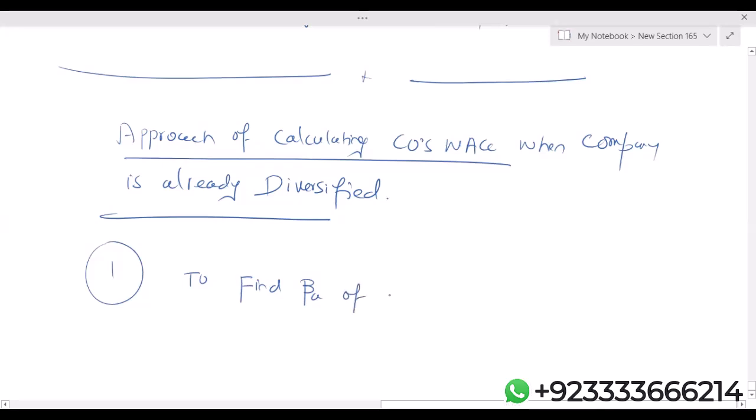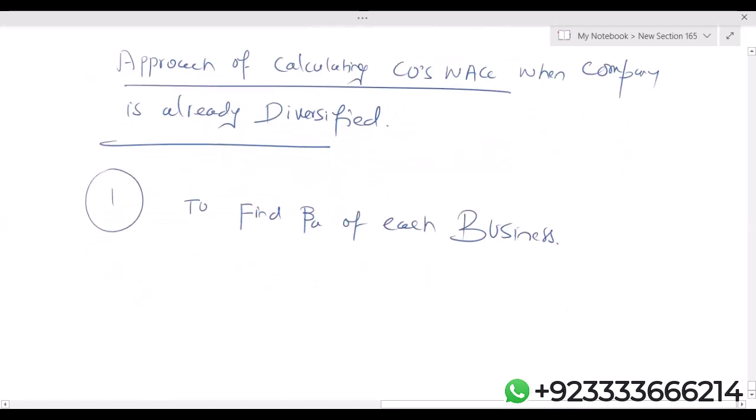Step one is to find beta asset of each business. I'm assuming that your company is running two businesses. There's a possibility of three as well. But let's say they are running two businesses. Okay.